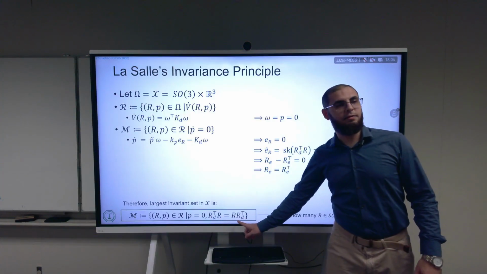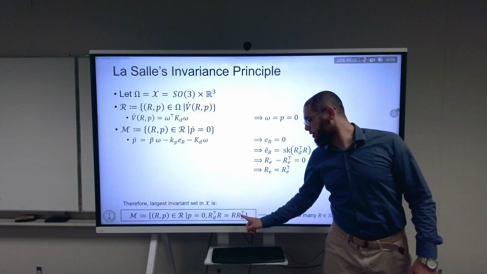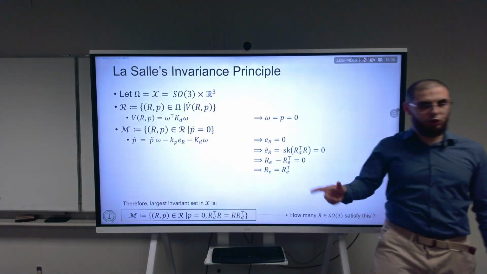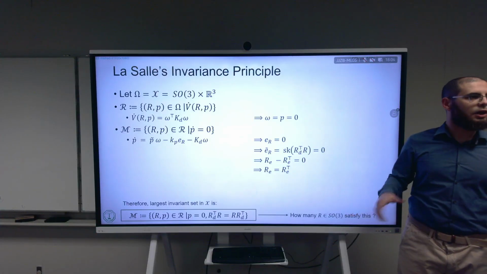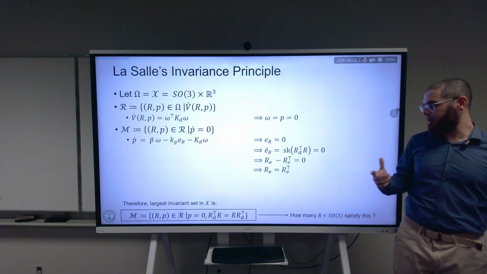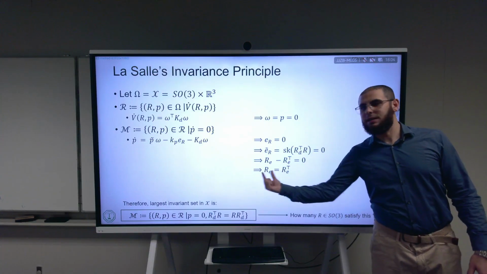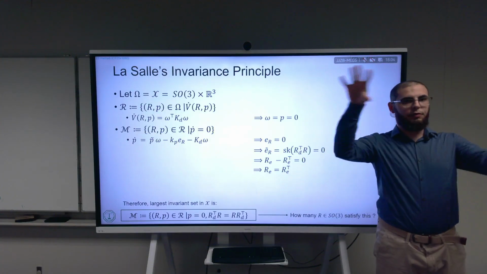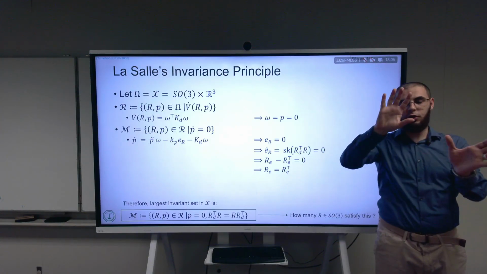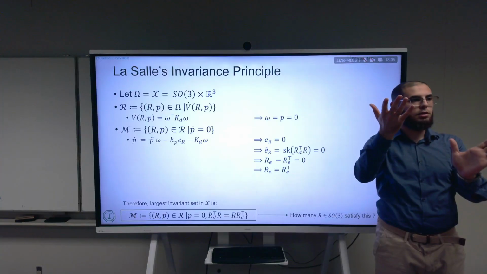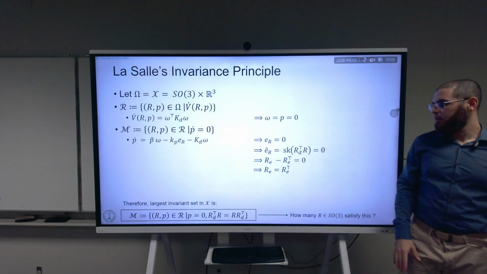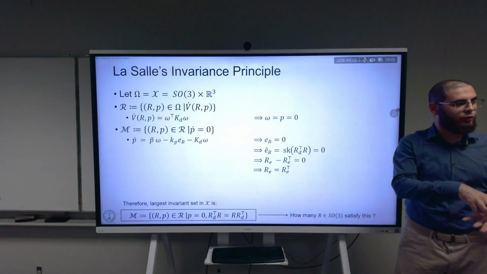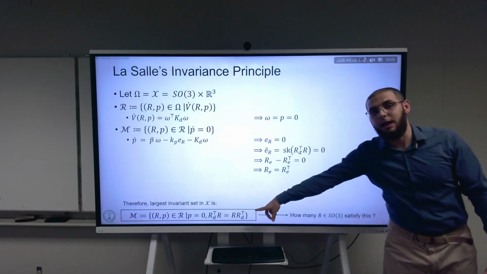And is the identity equal to R desired multiplied by R desired transpose, which is also identity? In other words, is the identity symmetric? Yes, of course. 1, 0, 1, 1, 1, and everything else is zeros. You transpose it, you get the same matrix. So alhamdulillah, the point we want is included in M.